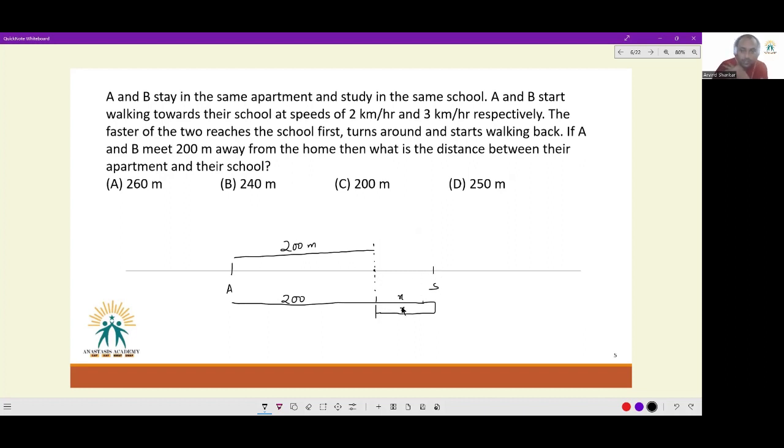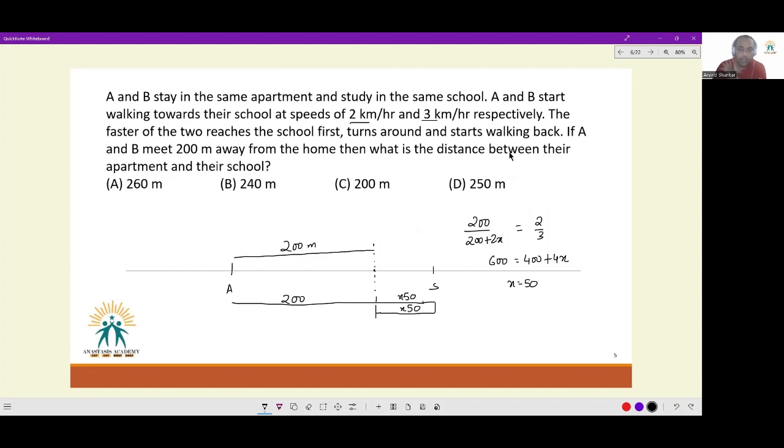Because they have been traveling for identical amount of time, the ratio of distance covered by them will be in the same ratio as the speeds. So 200 by 200 plus 2x is going to be equal to 2 by 3, which gives us 600 equal to 400 plus 4x, or x will be equal to 50. So this is 50, this is 50.